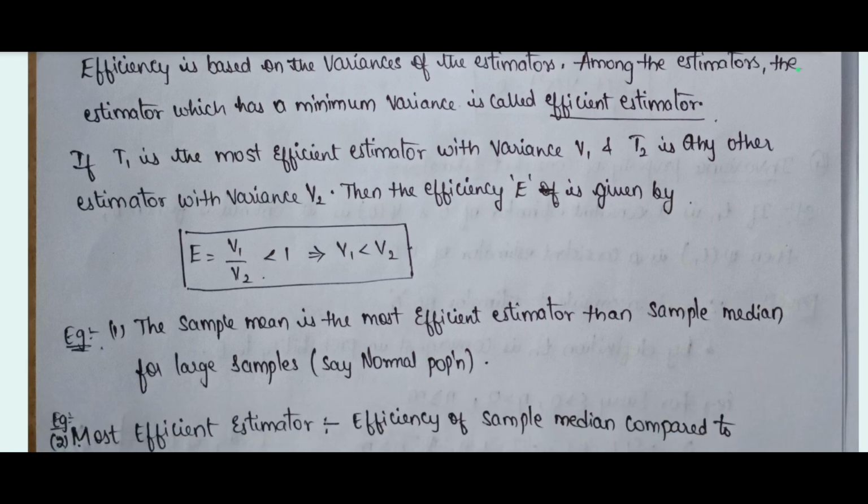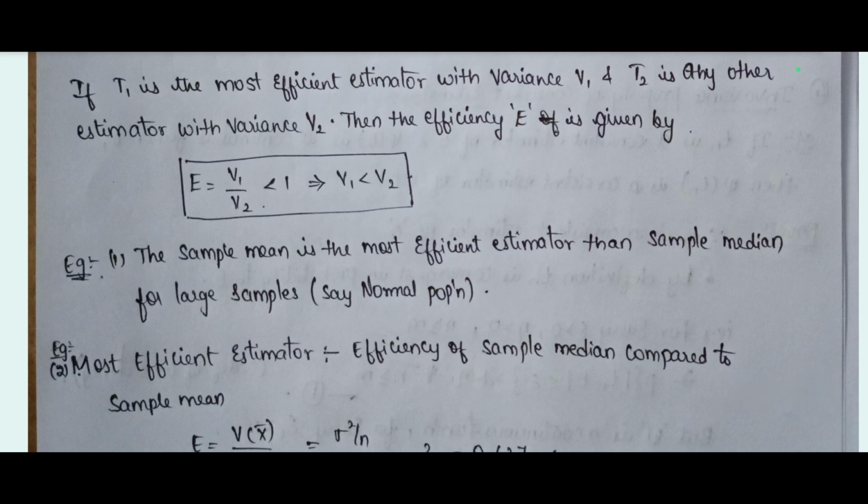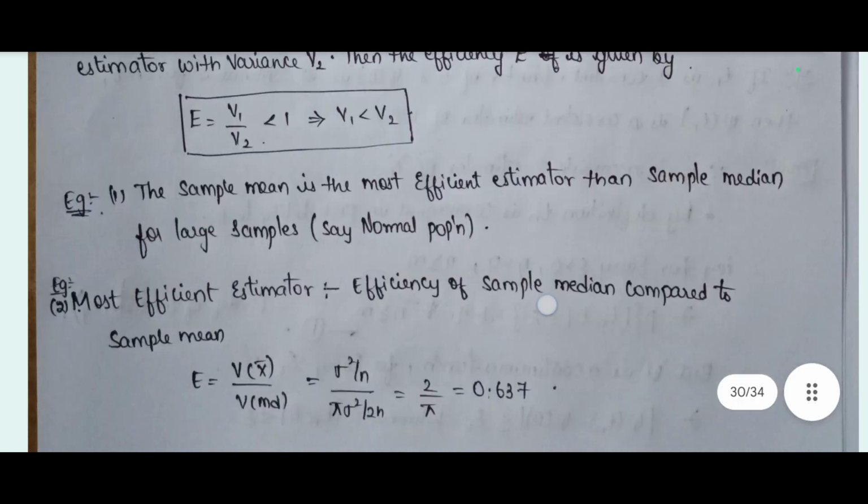If it is less than 1, then we can say that V1 is less than V2. So which estimator is the best here? Here T1 is the best because T1 has the variance V1. The sample mean is a more efficient estimator than the sample median for large samples, say in a normal population.